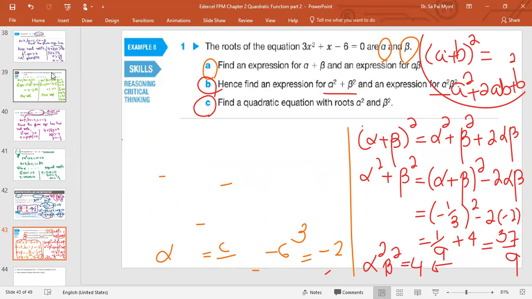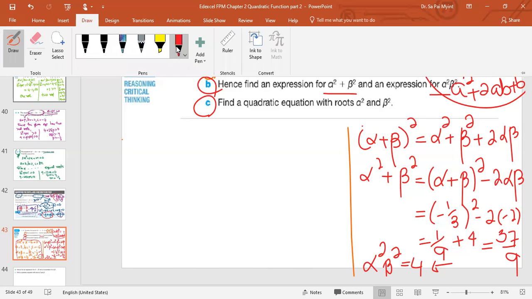I erased that, no? I think you remember. Okay, what do you get? What is the quadratic equation? Oh, we have a formula, no?